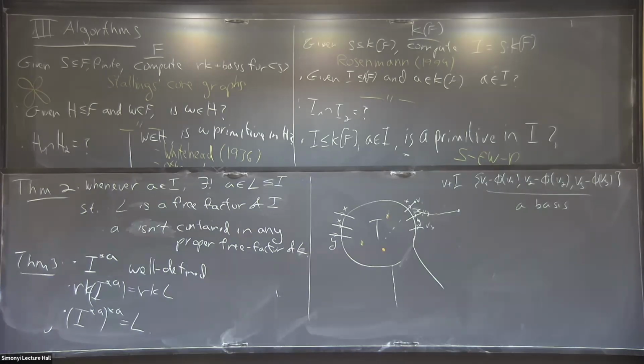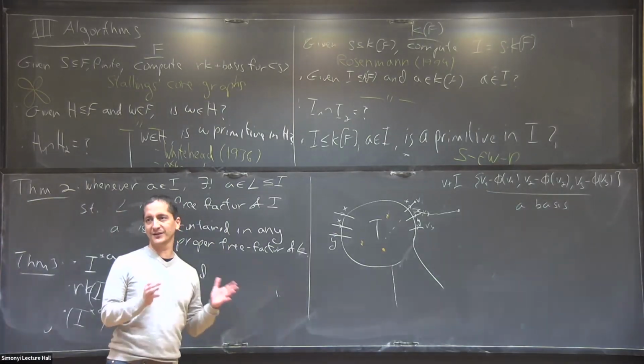We think that there might be some way. I'm using Rosenman, which is not very simple, but it's elementary. We think there might be a hope to actually do it more geometrically, with something that resembles Whitehead.